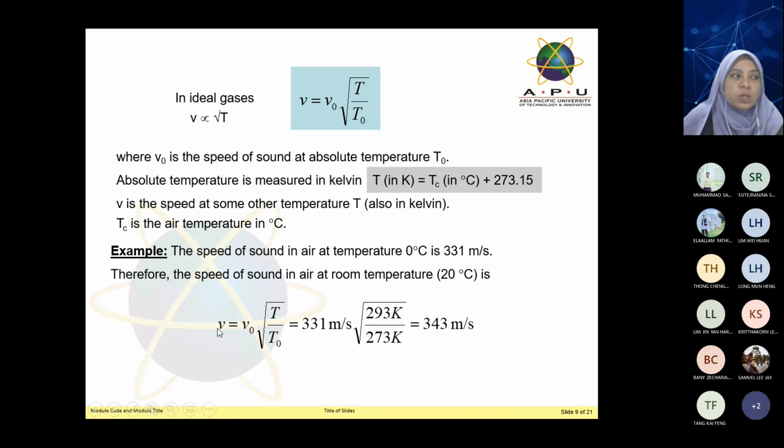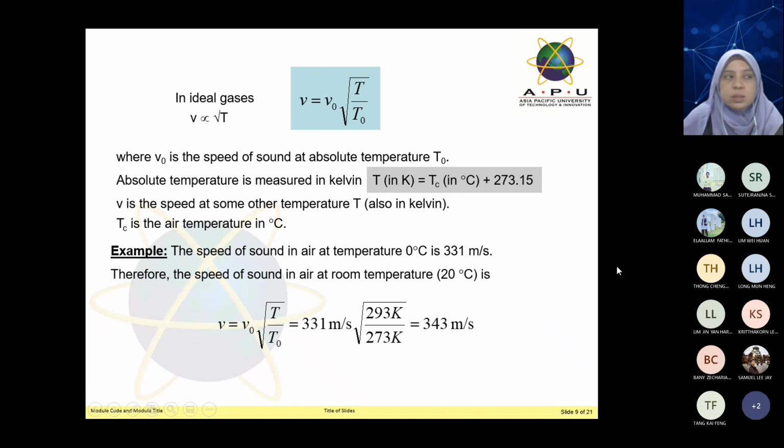Okay. So the formula is V equal to V0 square root of T per T0. V0 is the speed of sound, 331. T is not 0, it is 20 plus 273, divided by T0. T0 is 273.